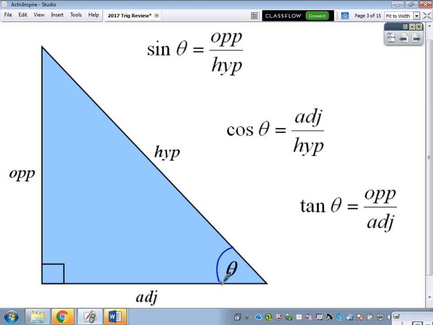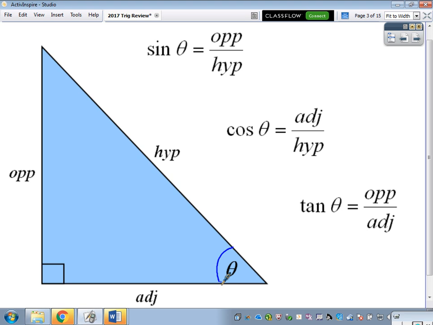Now, the ratio equivalent to sine of theta is the opposite over the hypotenuse. The equivalent value to the cosine of theta is the adjacent over the hypotenuse. The equivalent value to the tangent of theta is the opposite over the adjacent.